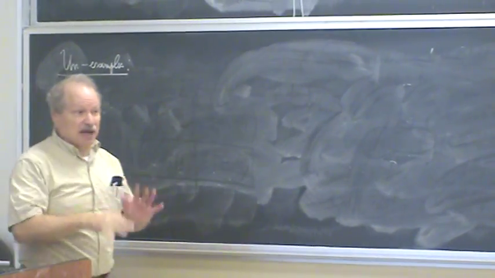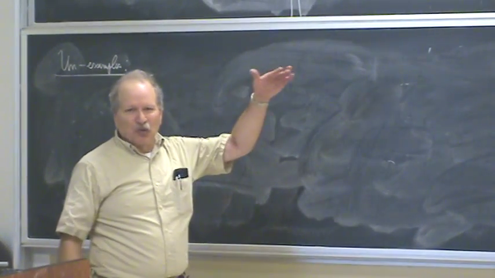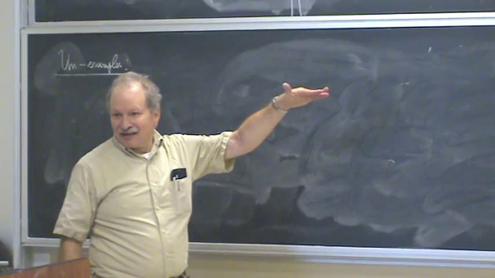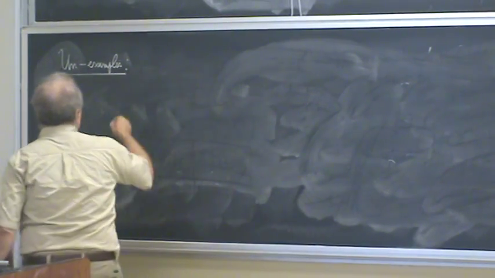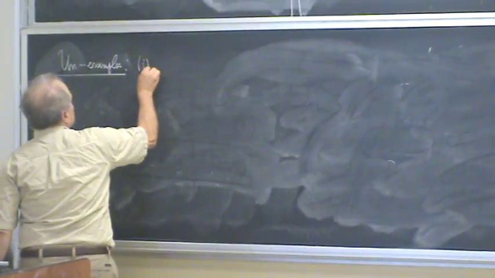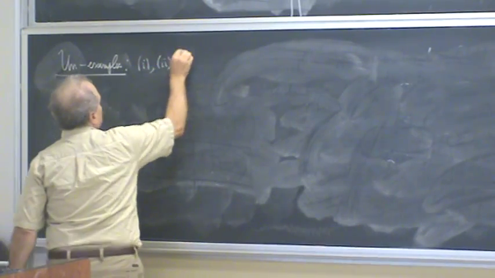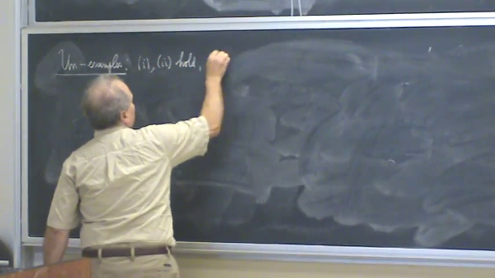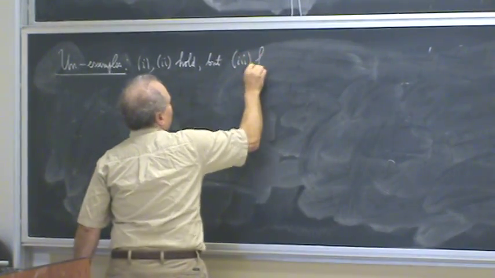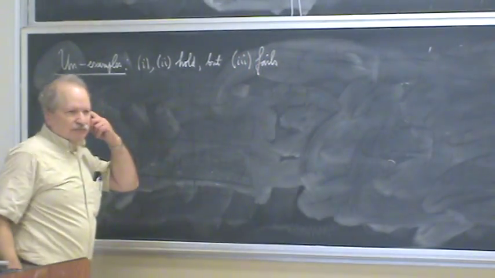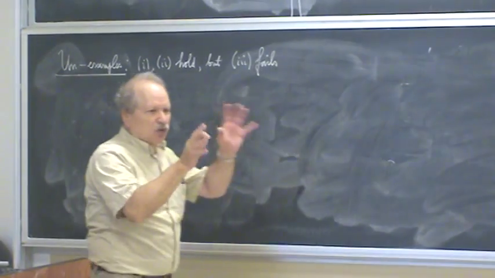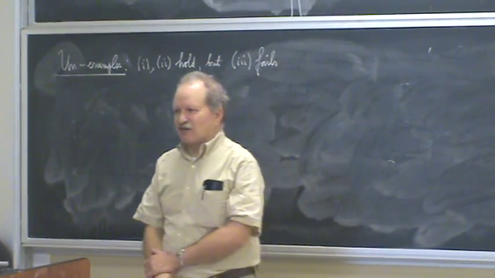These are not going to be subspaces because I want one criterion to fail. Can you give me an example where 1 holds, 2 holds, but 3 fails? And you don't need to be in 27 dimensions. 2 dimensions will be just fine.